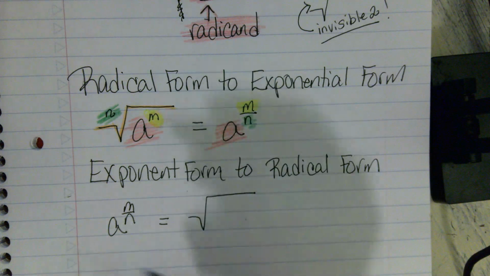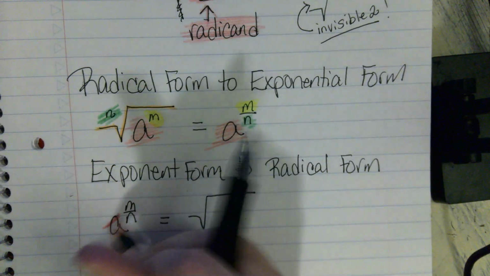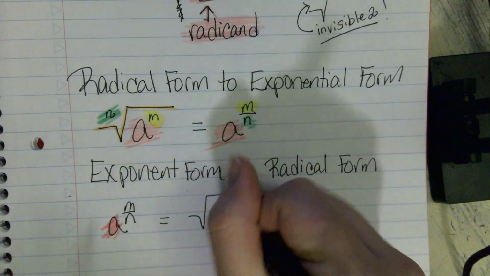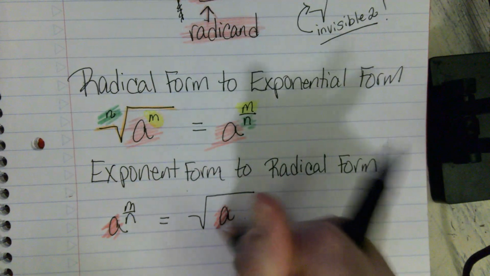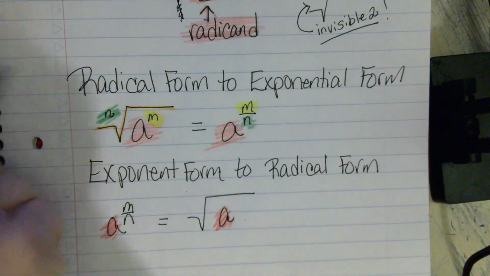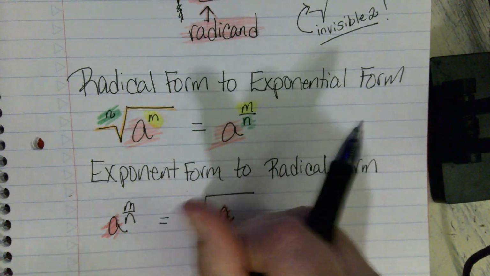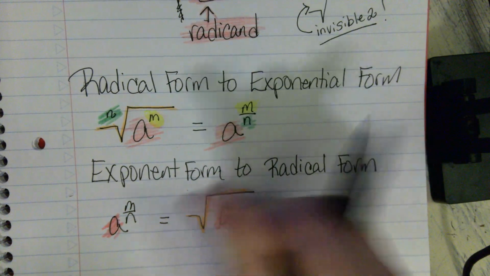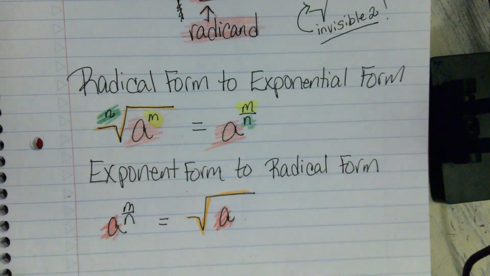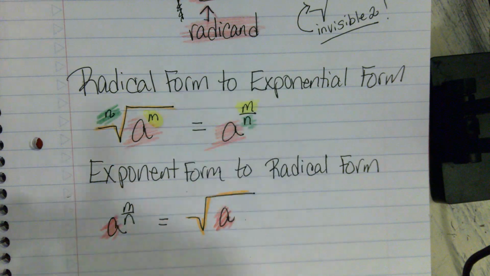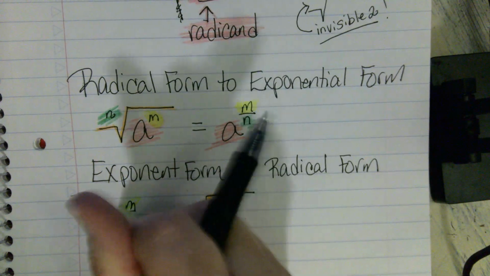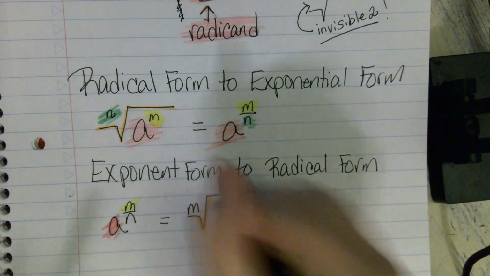Okay, so here we go. Our base goes under our radical symbol. I always think of that fraction bar turning into a radical. The numerator is my index.